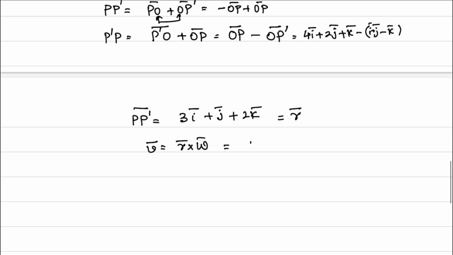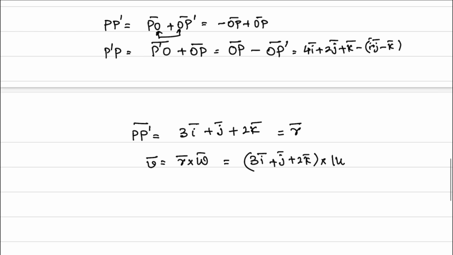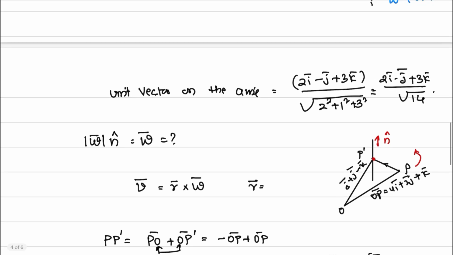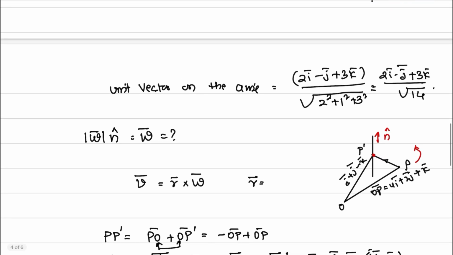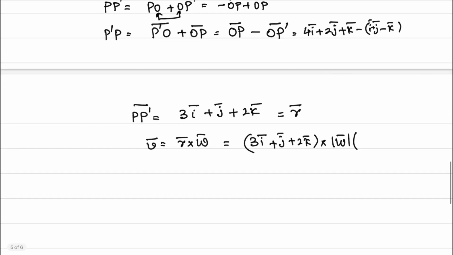R is, we know, 3i plus j plus 2k, cross magnitude of omega times the unit vector, which is 2i minus j plus 3k. Here, for clarity, we will write it like this.